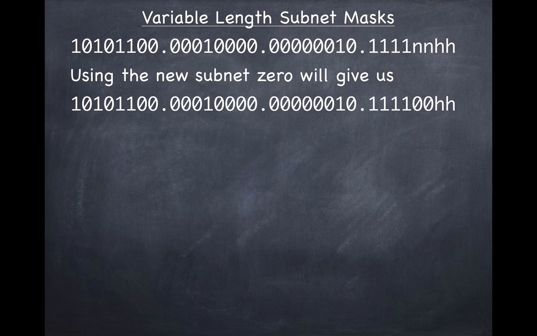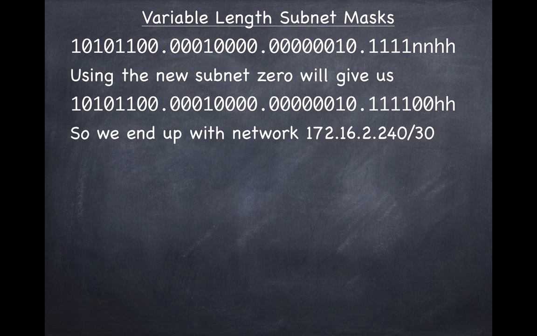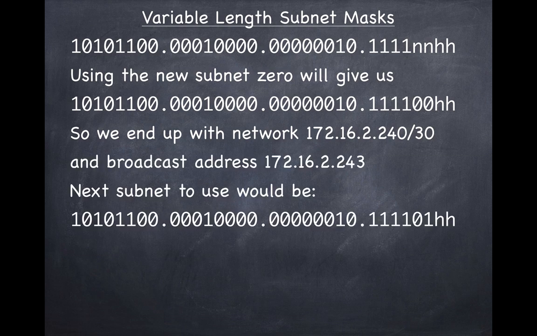And then if we set the 2 host bits to 0, we end up with 2.240/30 being the network address. Setting those 2 last bits to 1 means that we end up with 2.243. The next subnet would be taking the 2 new subnet bits and setting them to 0, 1.